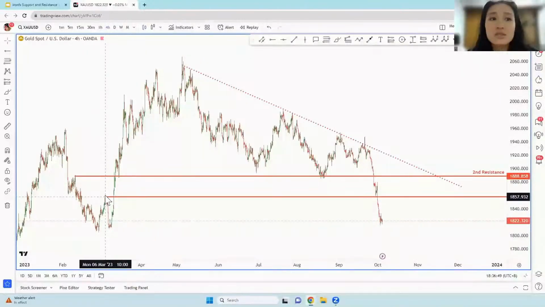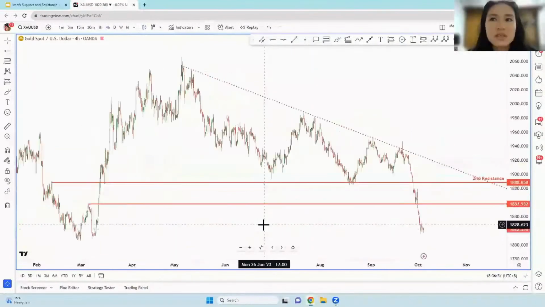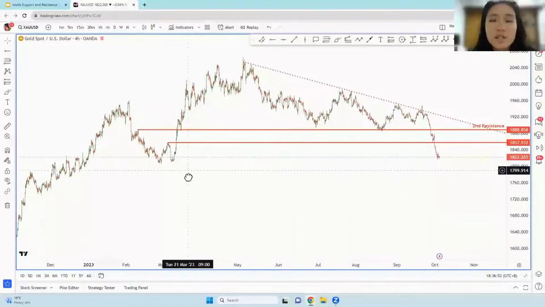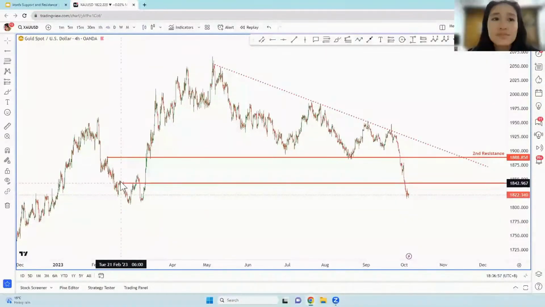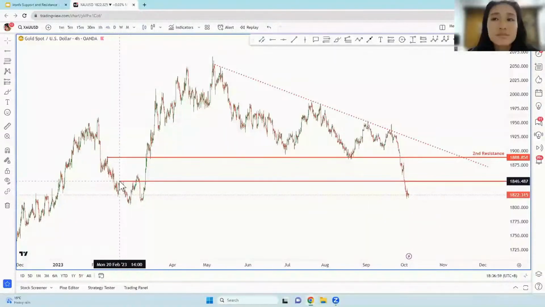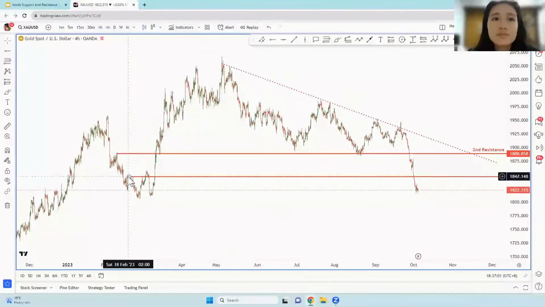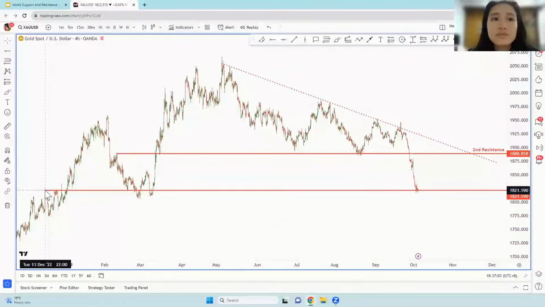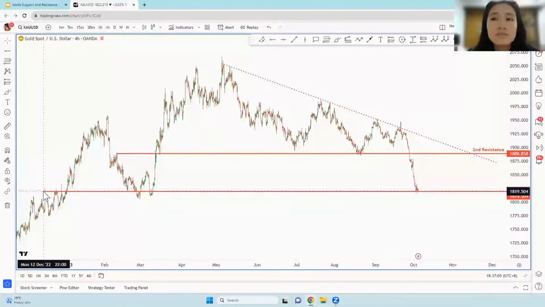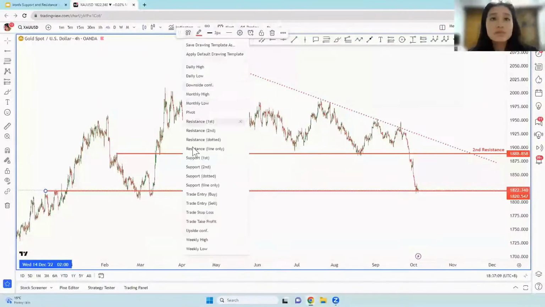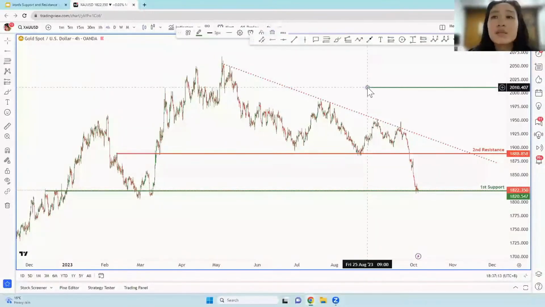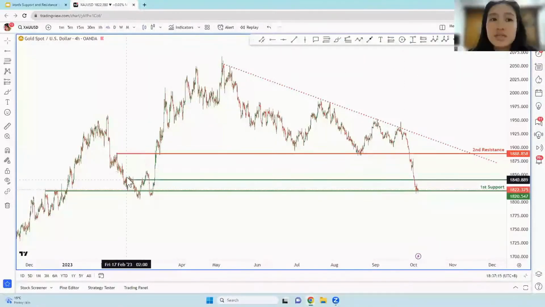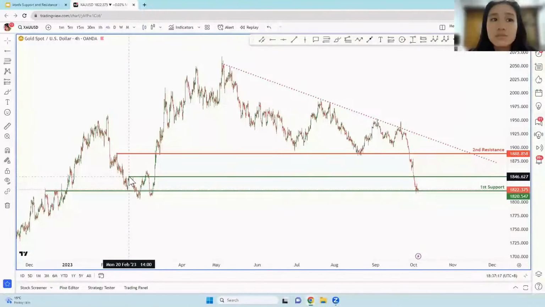My first, okay, I'm gonna see if I can find a closer resistance level. This level here is my first support, and then my first resistance, maybe here.